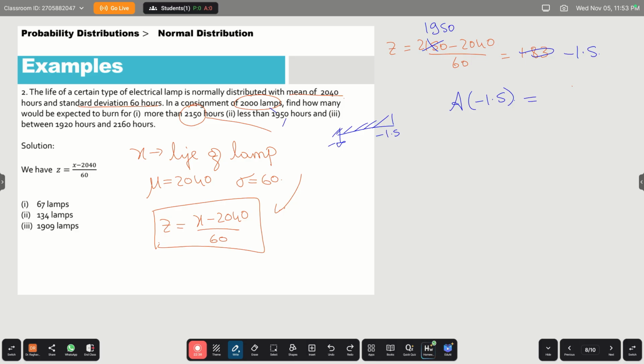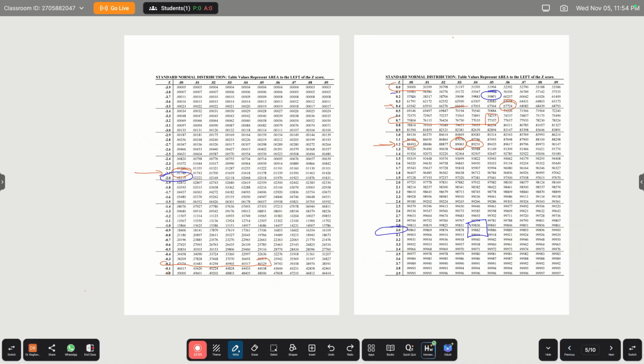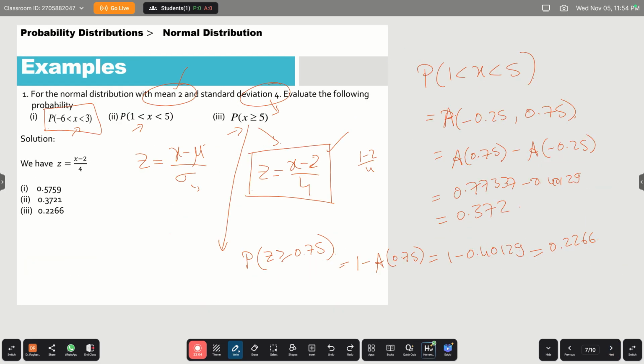So area up to minus 1.5, and if you check it in the table, it's going to be 0.06681. Let me cross check quickly. Minus 1.5 is 0.06681. That's correct.